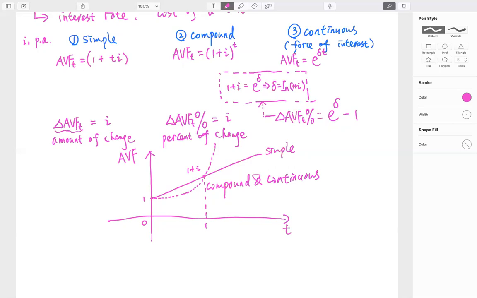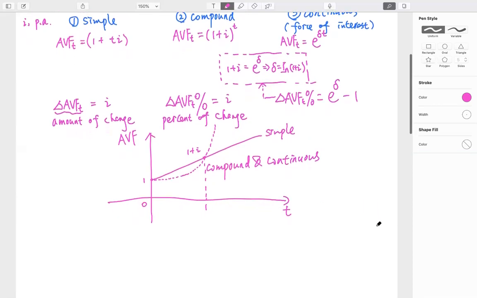Only when the number of years is less than 1 or greater than 1, you will have something different. So if you have longer term, the compound interest grows much, much faster than the simple interest. So that is the basic review of the three interest rate forms we have studied.